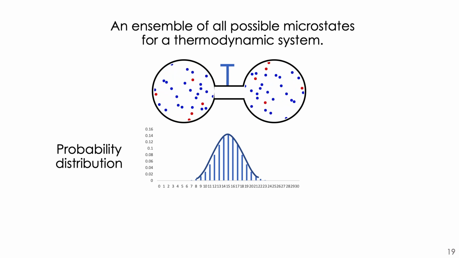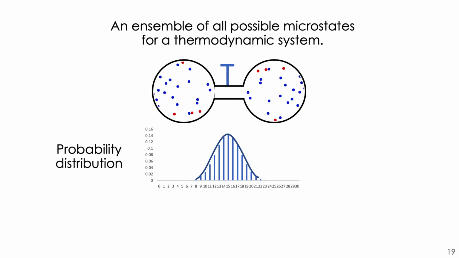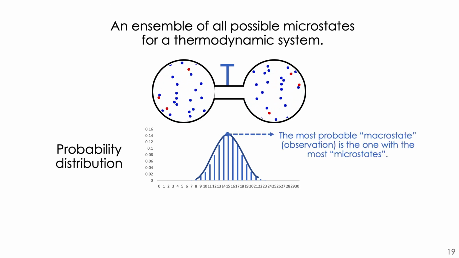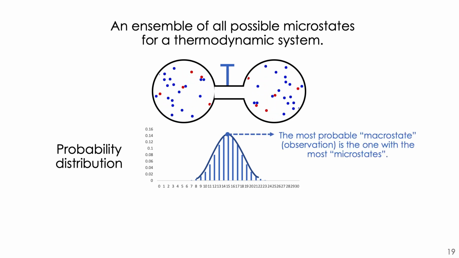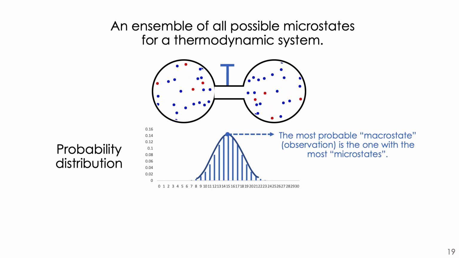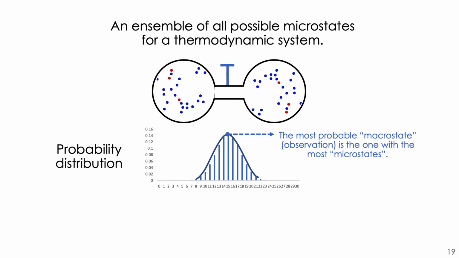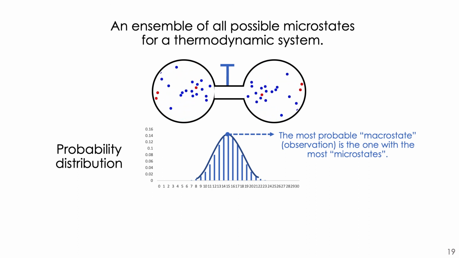Now, the important thing of this probability distribution is that the most probable macrostate, our observation, is the one with the most microstates. This is the core idea from this lecture.